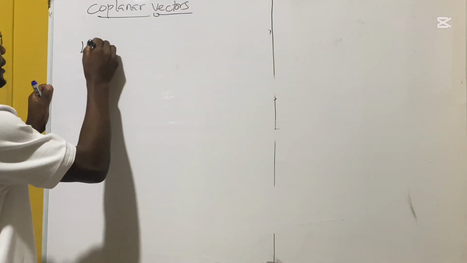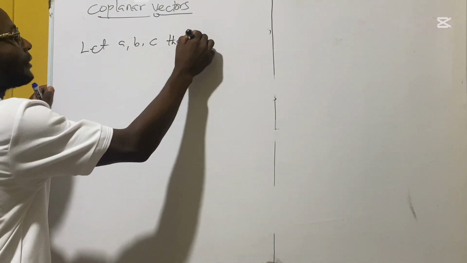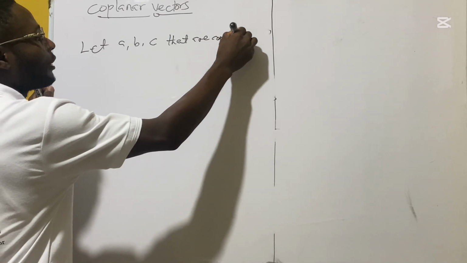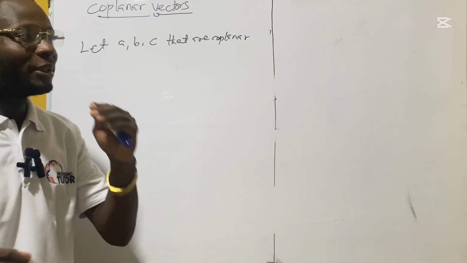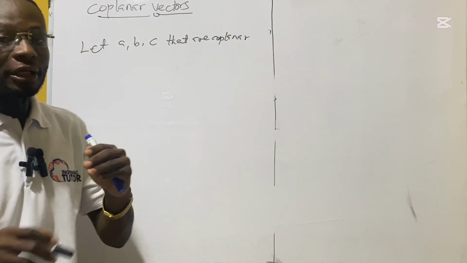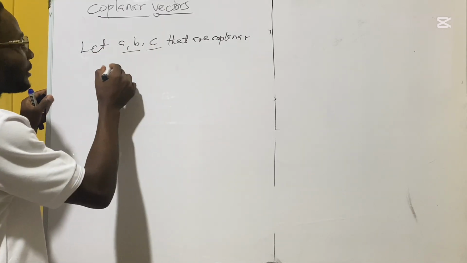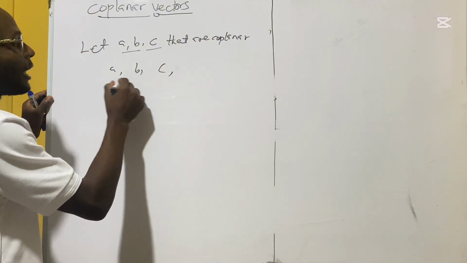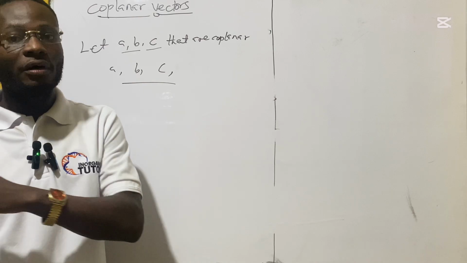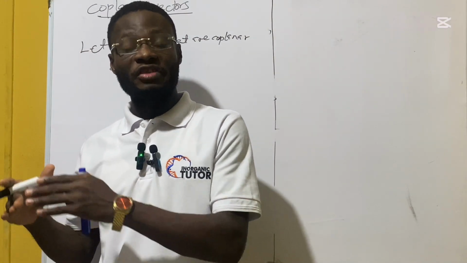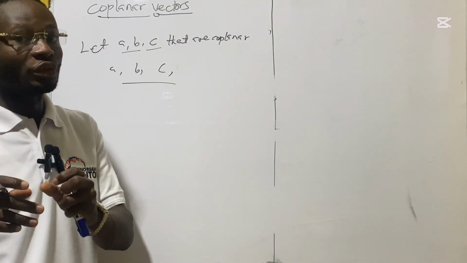If these three vectors are coplanar, then it means that one of them can be written in terms of the others. Then we can say that they are a linear combination of the others.